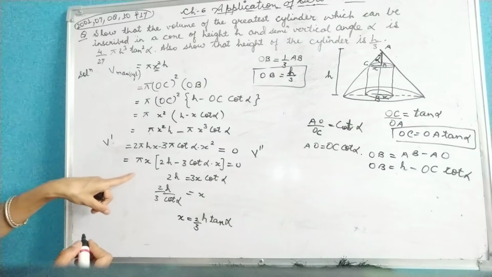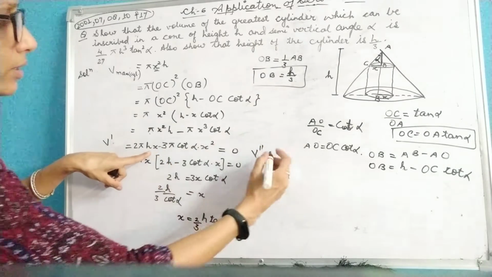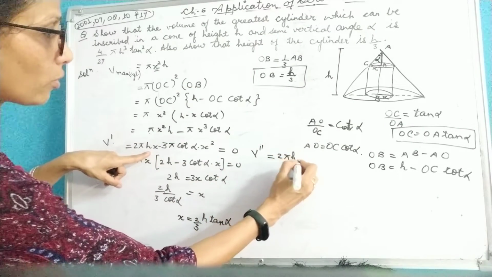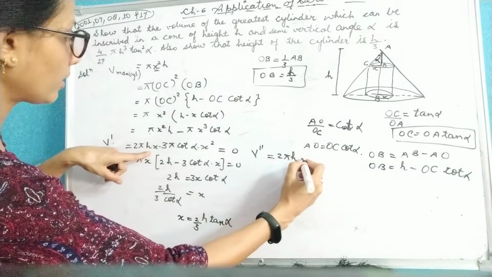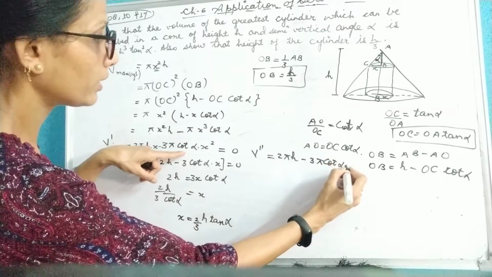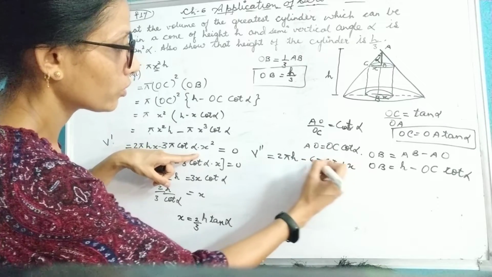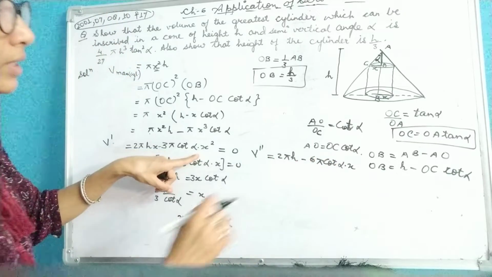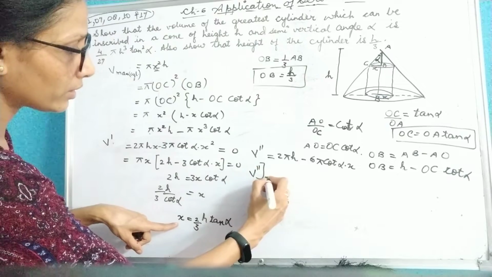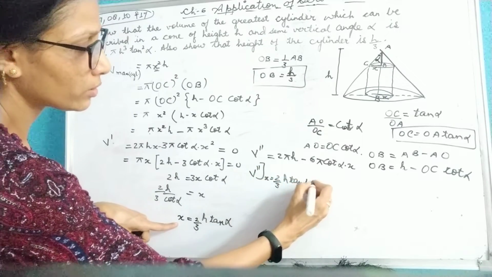So this is your final step of V dash. Let's take this one and differentiate it further. So 2 pi h constant, differentiation of x is 1, minus 3 pi cot alpha is again constant, and here it will be 2x, so I can make it as 6x. So this is the value I am getting over here. Now we need to calculate V double dash at x equal to 2 by 3 h tan alpha. So let's find out.